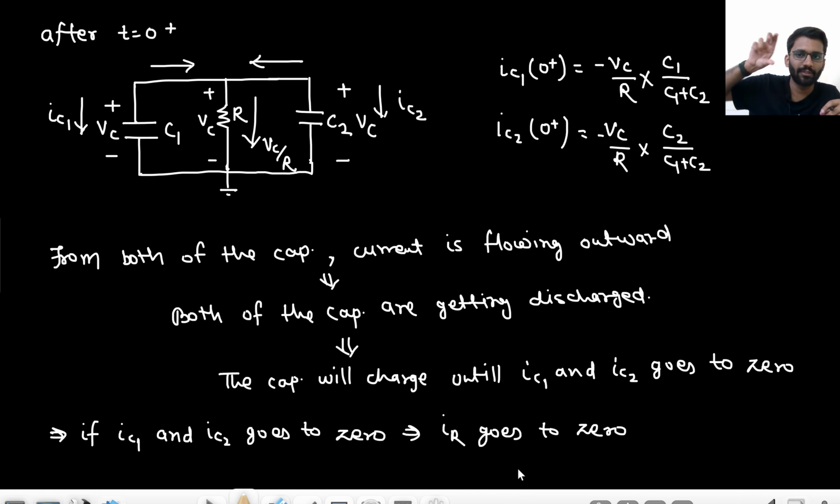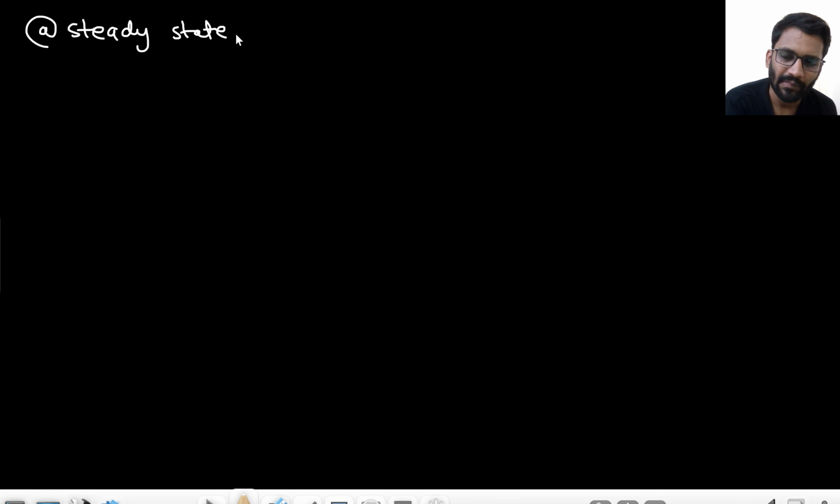If IR goes to 0, that means the voltage across the resistance is 0. If the voltage across the resistance is 0, the same voltage is across C1 and the same voltage is across C2. So if VR is 0, that means VC1 and VC2 are also 0. That means at steady state, VC1 infinity equals VC2 infinity equals VR infinity equals 0 volt.